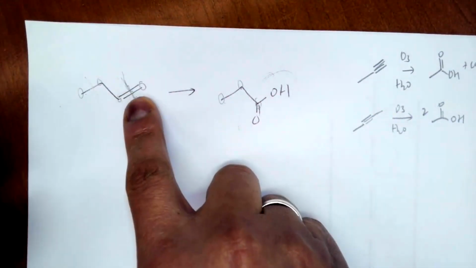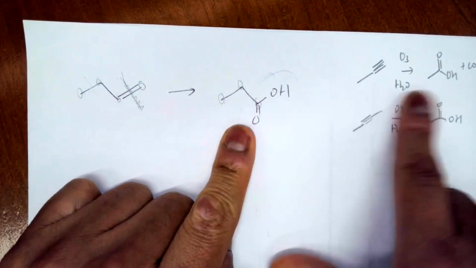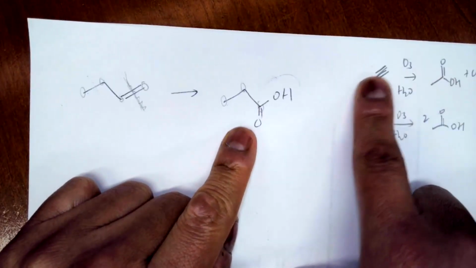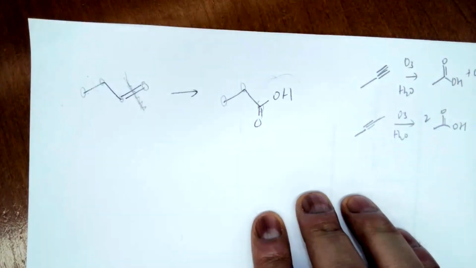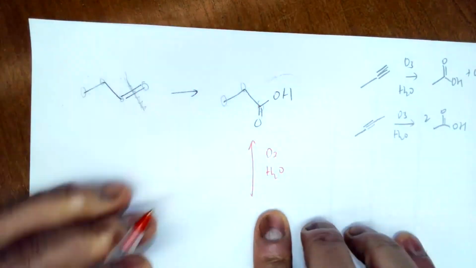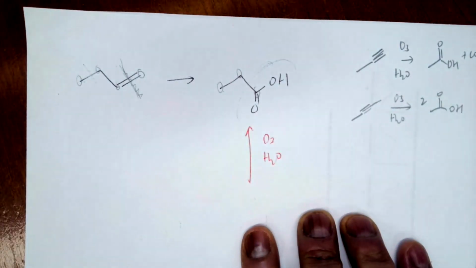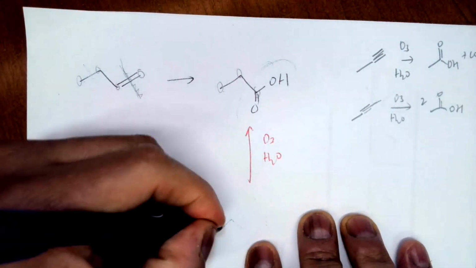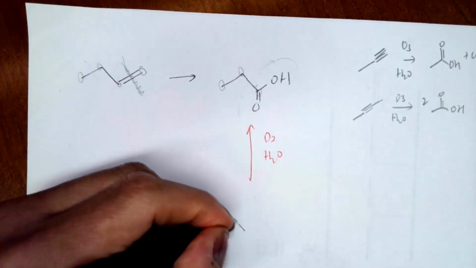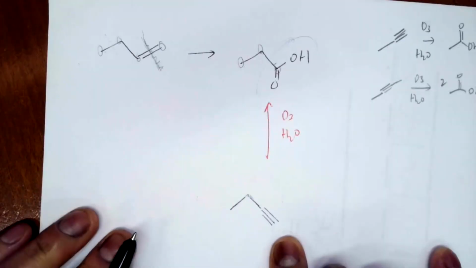A C double C, because there are reactions that allow me to break this, right? So to cleave or to create carboxylic acid in ozonolysis, the starting material for an ozonolysis is an alkyne, okay? So let's do it from an alkyne. I have O3 in water. Now, how is my alkyne going to be? If I know that my starting material has 4 carbons, most likely my alkyne also has 4 carbons.